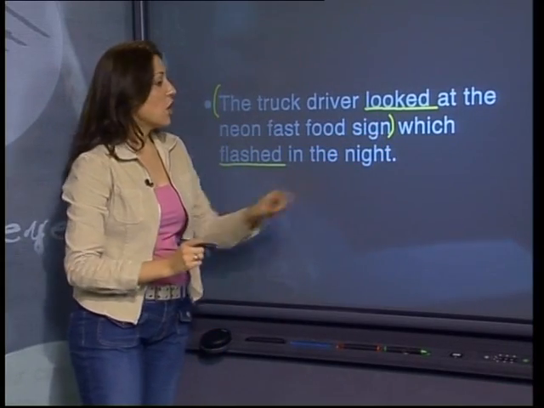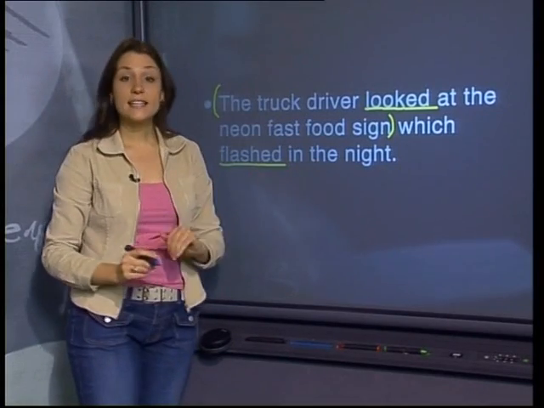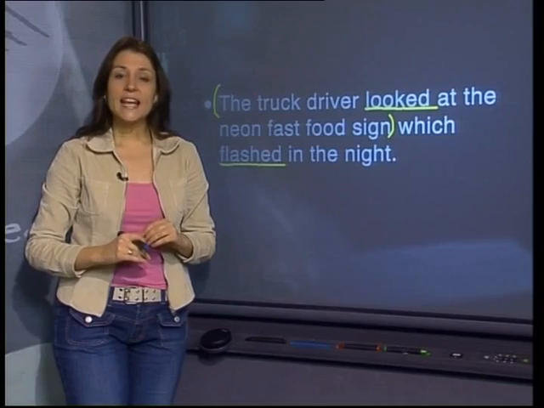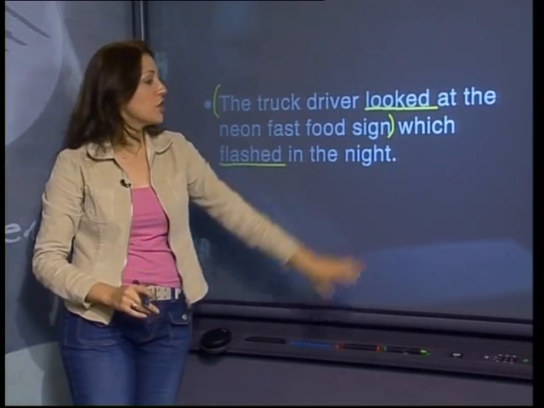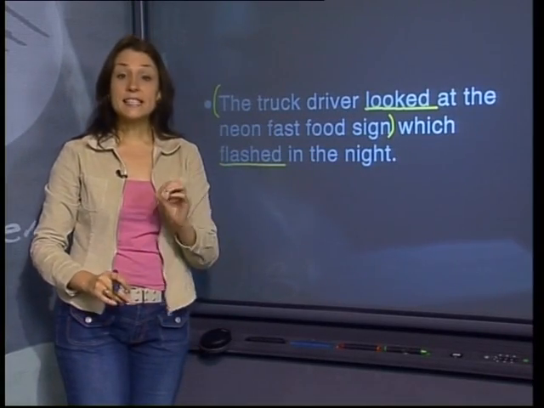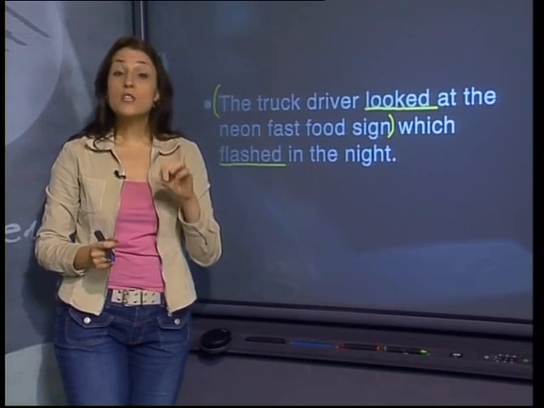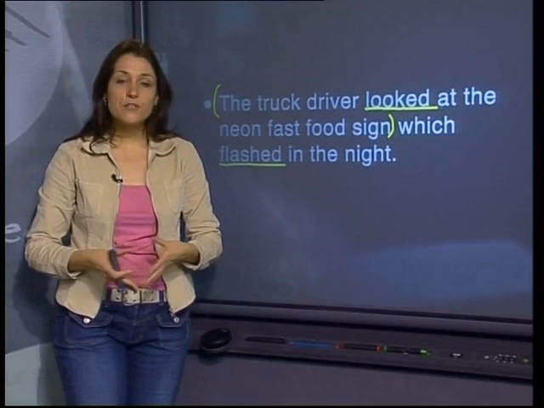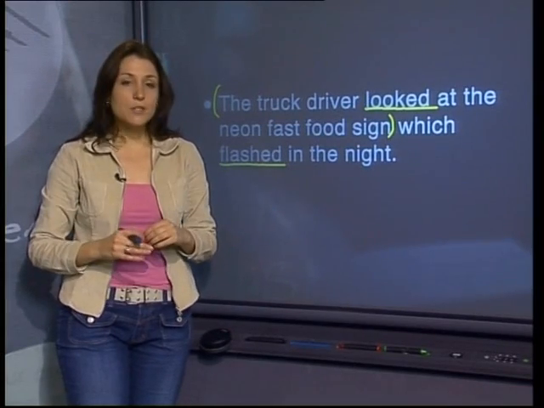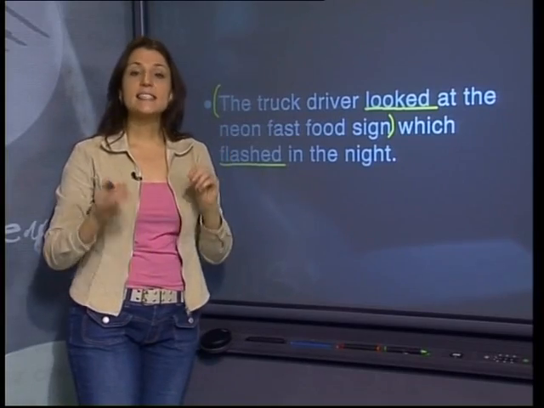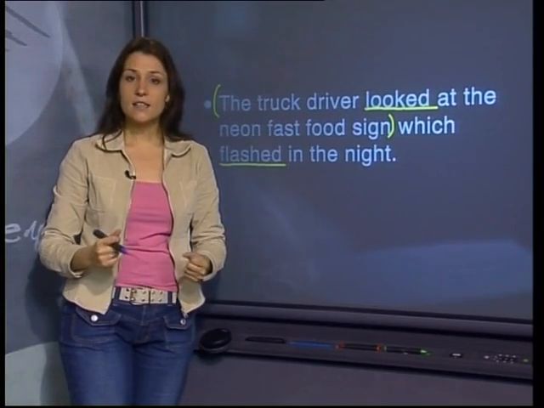That makes which flashed in the night the subordinate clause. The subordinate clause has been introduced with the word which. This is a relative pronoun, so we can guess that the subordinate clause is an adjectival clause. Let's double check that. Which flashed in the night is telling us more about what?